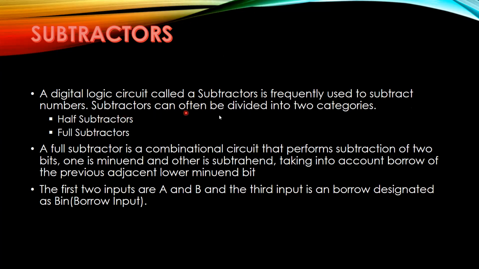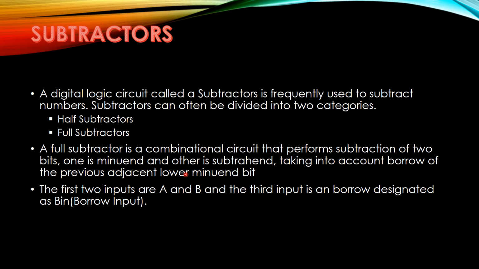Subtractors can often be divided into two categories: half subtractors and full subtractors. Using a full subtractor, we can perform subtraction between 3 bits. Initially, we have the half subtractor. By using a half subtractor, we can perform subtraction between two single bit numbers.